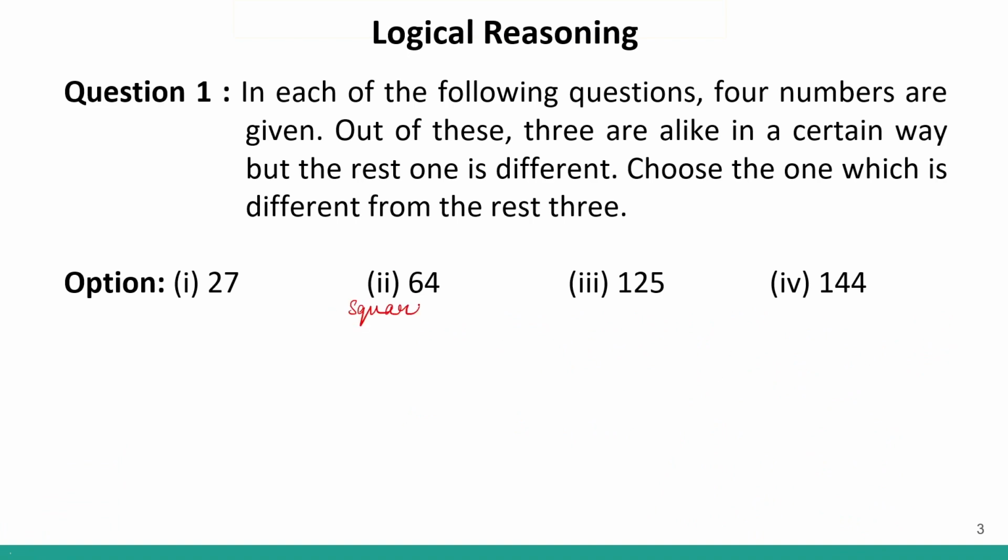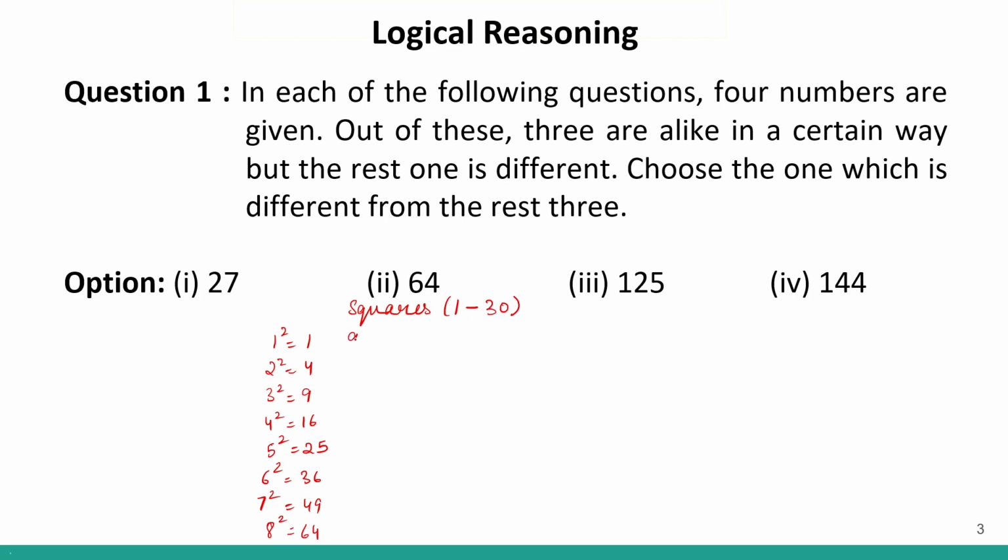Squares I've told you to remember from 1 to 30. 1 square is 1, 2 square is 4, 3 square is 9, 4 square is 16, 5 square is 25, 6 square is 36, 7 square is 49, 8 square is 64.